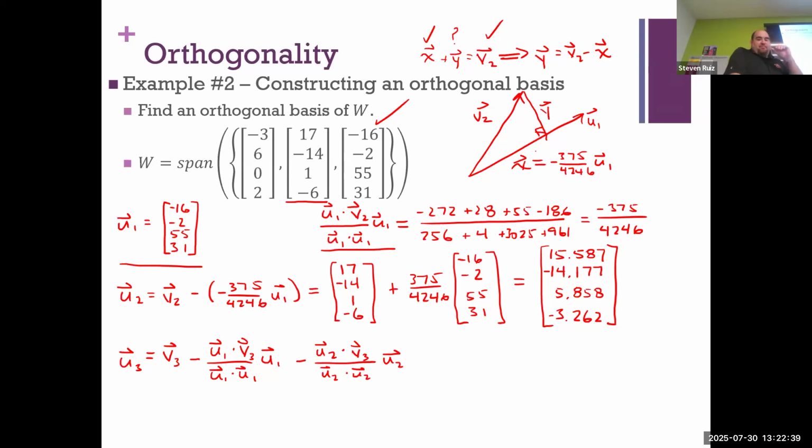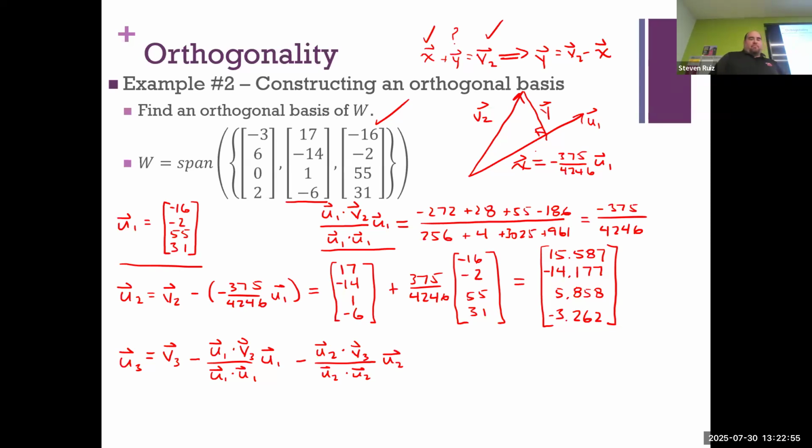So before we go through the calculation and get the vector, ask me all the questions you have about why that's the calculation to make. Why am I subtracting those things off? Are we okay with the rationale there?